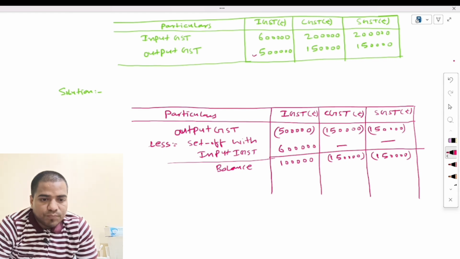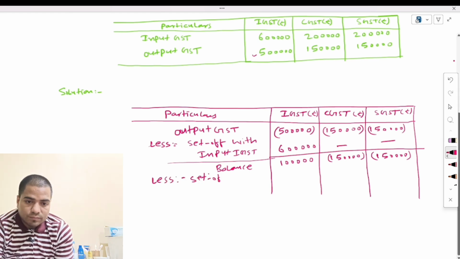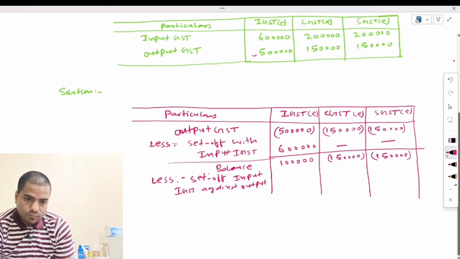Now what we have to do? We have to use this input IGST balance to set off the output CGST. Set off input IGST against output CGST.